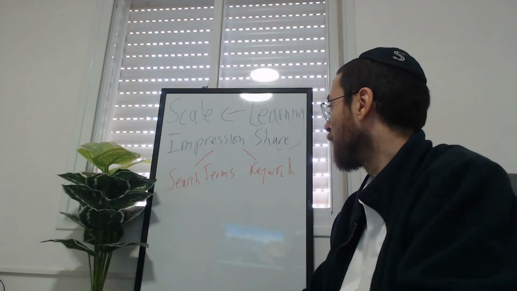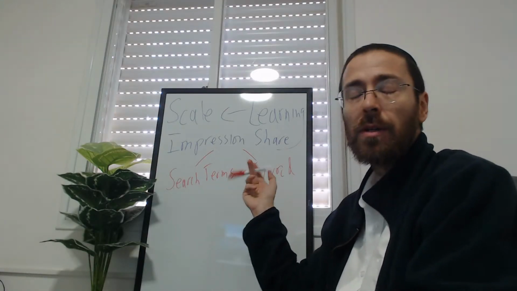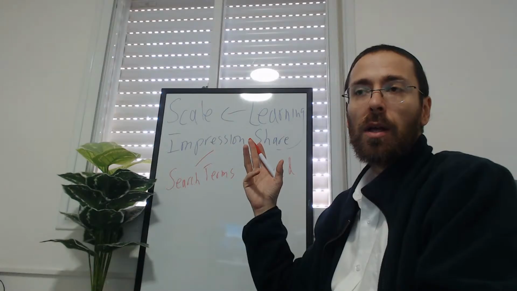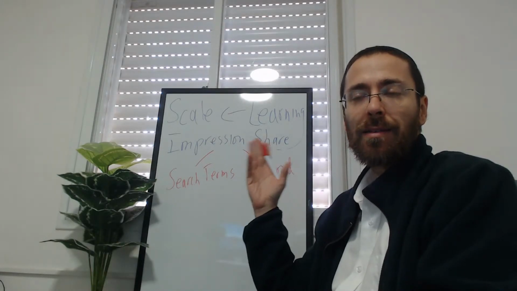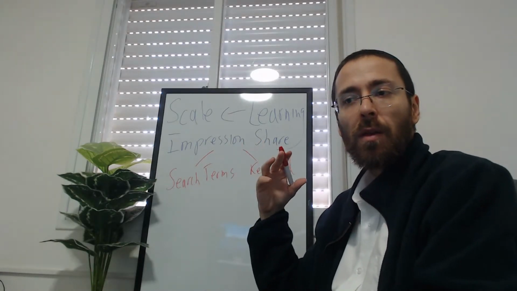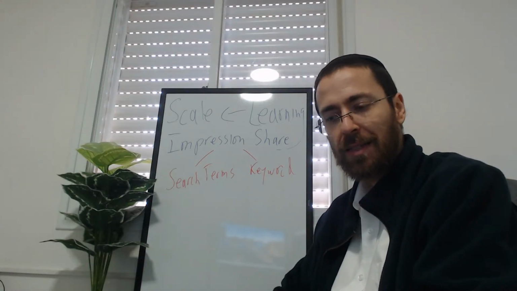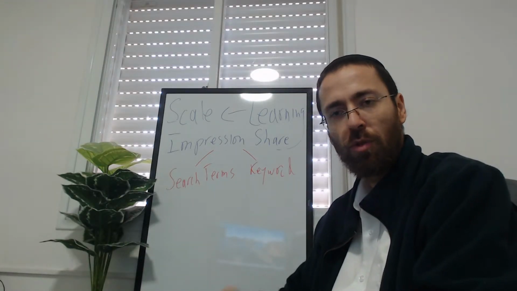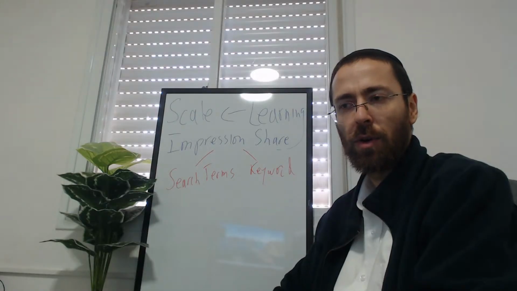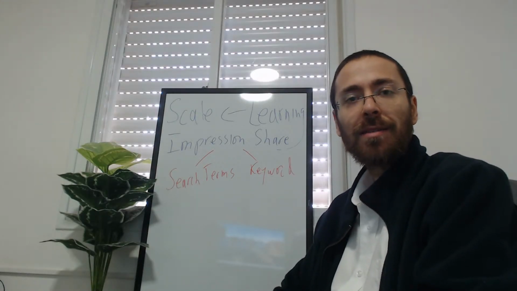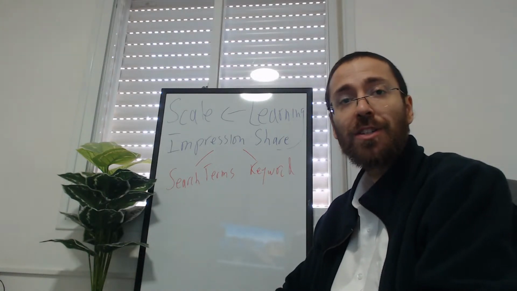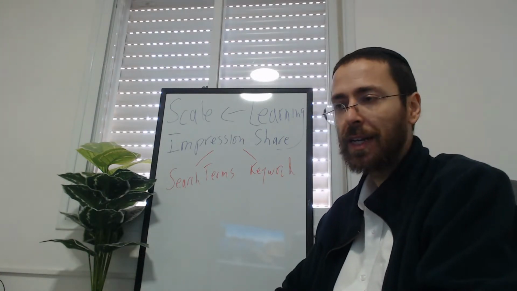I'll tell you why. Because the keyword, even if you've got an exact match keyword, it doesn't work the same way exact match used to work, where it had to be the exact spelling and the exact order of the words with nothing before, after, or in the middle. Nowadays, Amazon does what's called intent matching. And so if any search term, according to their algorithm, matches the intent of the keyword you've targeted, right?